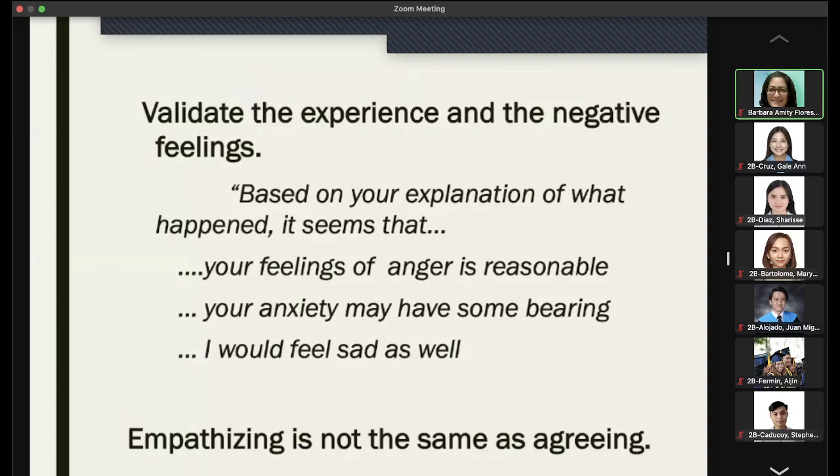I would have exactly the same feeling. When you empathize, it's not the same as agreeing. It's just putting yourself in their place. If you were feeling that way, maybe this is the actual reaction that you would have too.